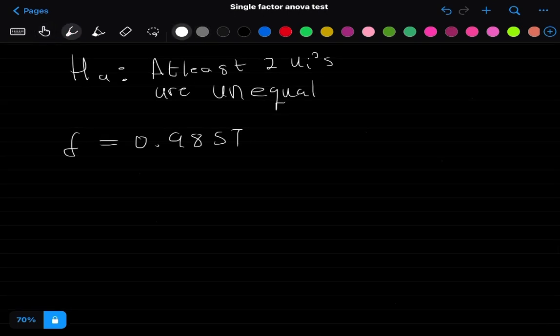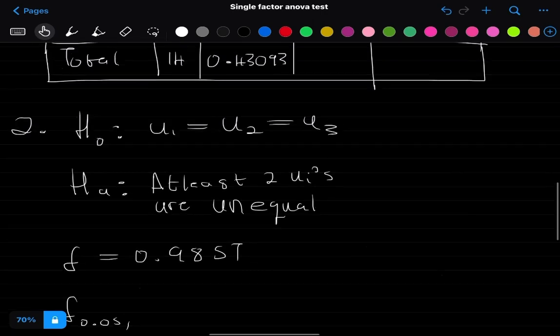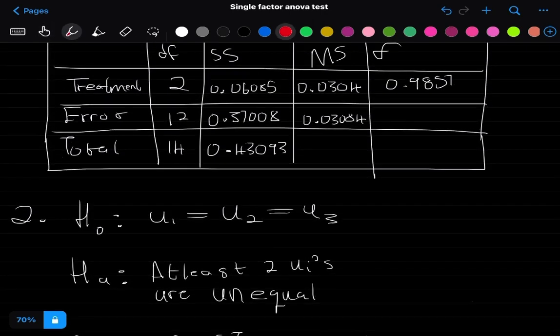Now what you need to find is the critical value, 0.05. Now remember, for the F distribution, we have got 2 degrees of freedom. The numerator degrees of freedom and the denominator degrees of freedom. So in this case, our treatment degrees of freedom is the numerator degrees of freedom, and our error degrees of freedom is our denominator degrees of freedom.